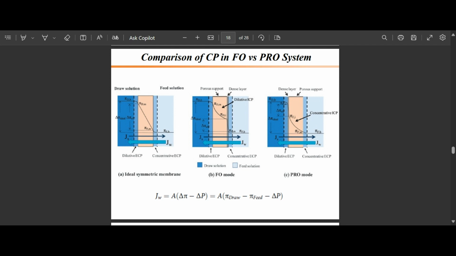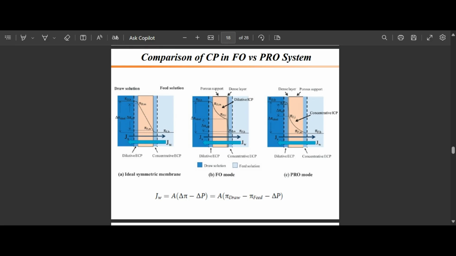Why do we need to face the active layer facing the feed solution side for FO mode? Some particles will minimize coming in to the solution, because the water flux is moving from low to high. So if we face the active layer toward the feed solution side, we can minimize internal concentration polarization.